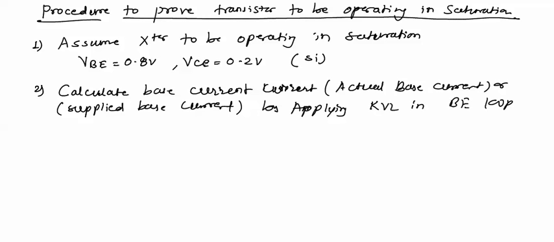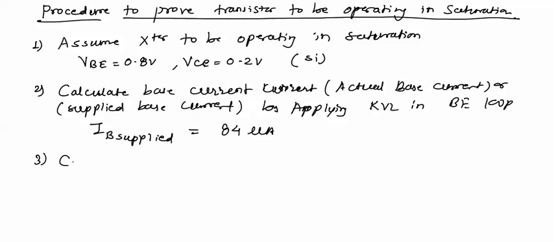In the previous problem also, when it is confirmed that transistor is operating in saturation, we have calculated this base current by applying the KVL in base emitter loop, and we got this value IB supplied, which was the base current of the previous problem. We got this value equal to 84 microamperes.